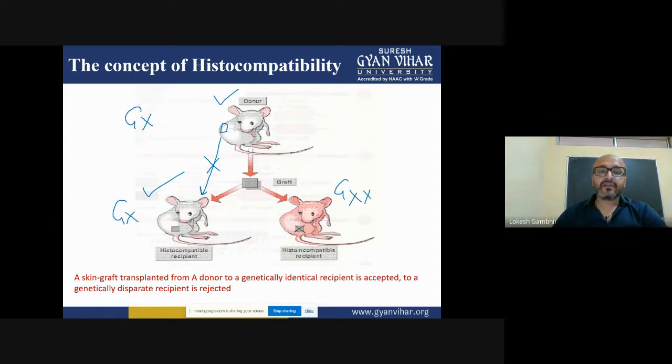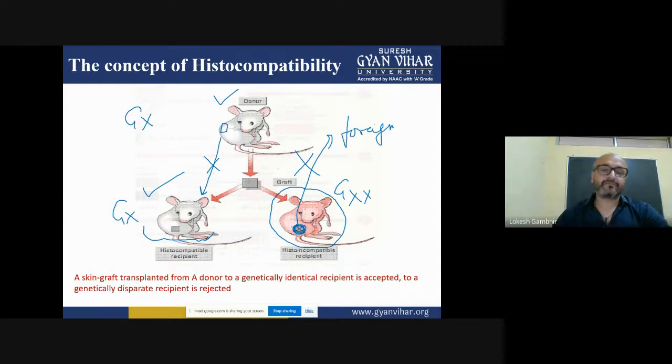They observed that the graft is accepted by the immune system in case of the genetically identical recipient, whereas the graft is rejected when there is a disparity or dissimilarity between the genetic combinations. The immune system recognizes that particular skin as foreign, non-self, or outside, and it is considered an antigen against which immunological reactions are mounted.